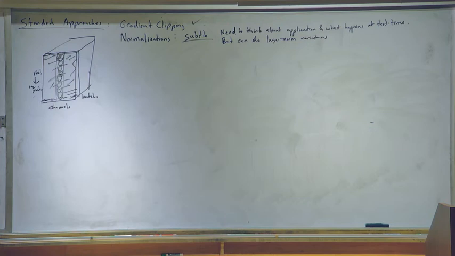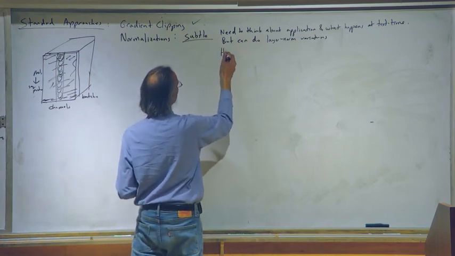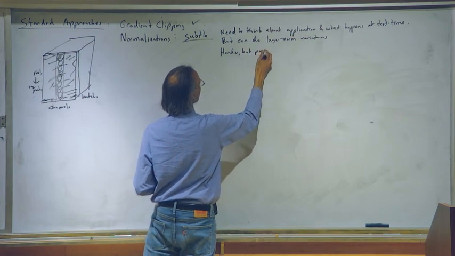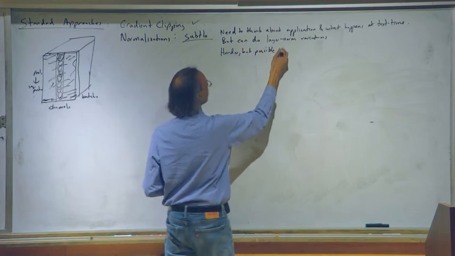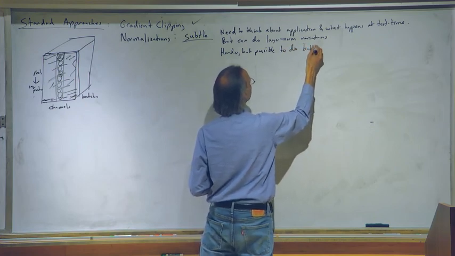So batch norm becomes very tricky in how you do it. There are papers on how to do batch norm. It's harder, but possible.